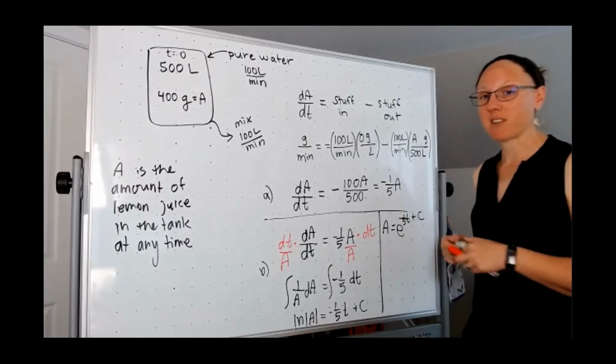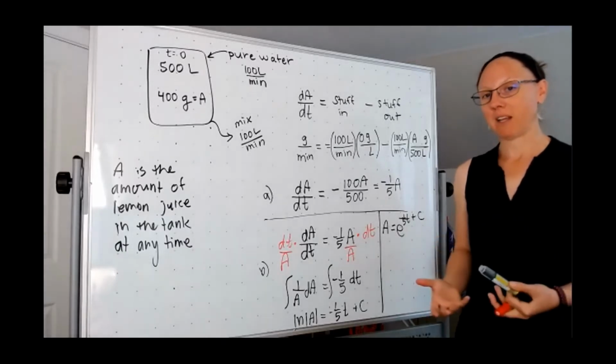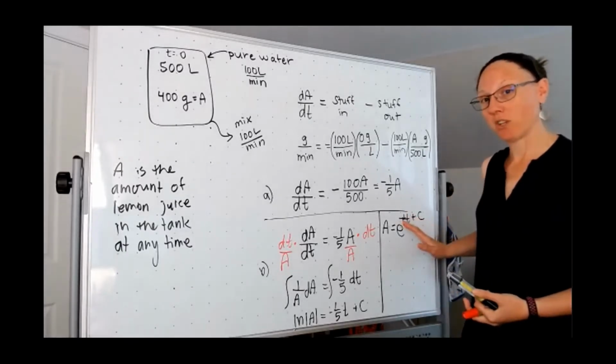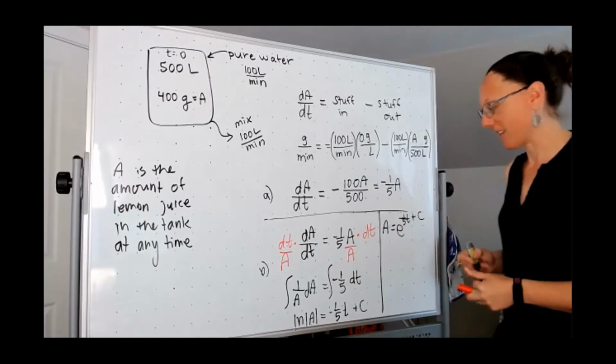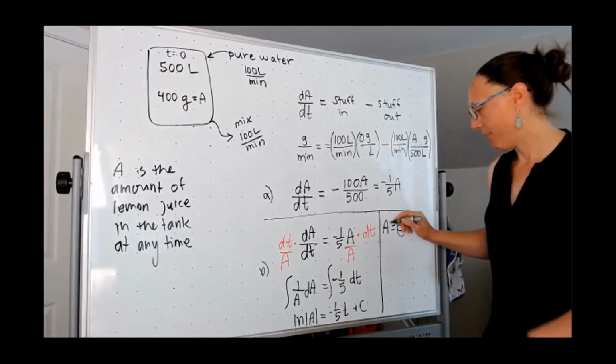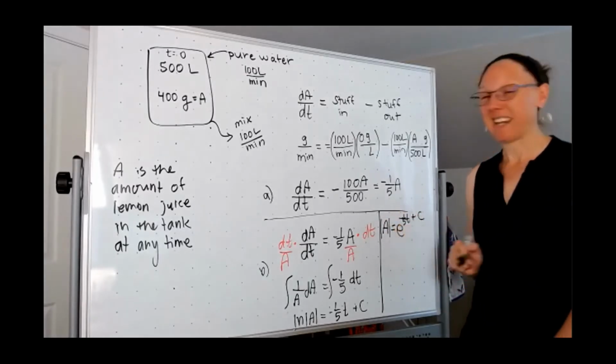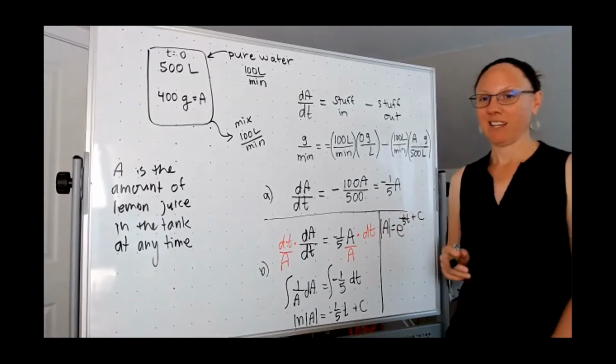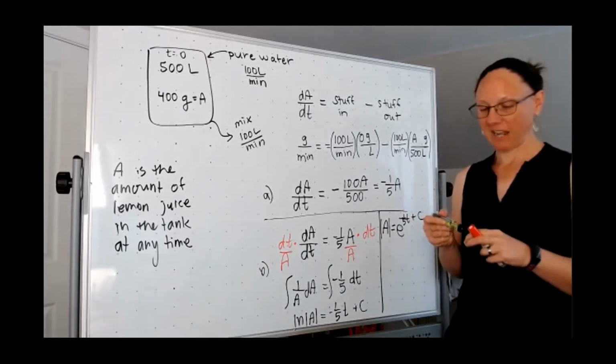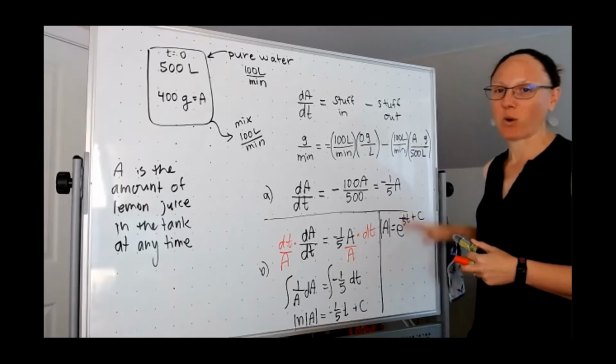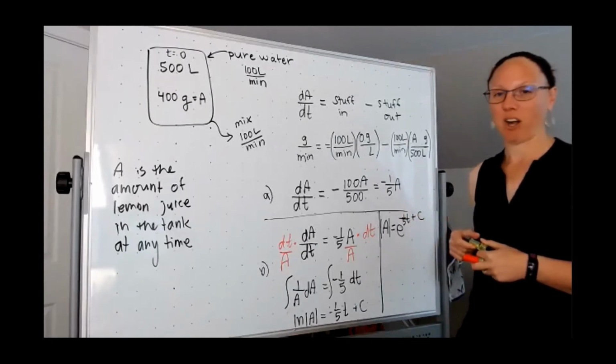We could solve for this constant now. Mathematically, we typically don't. Instead, we rewrite this because there was really an absolute value on that A.